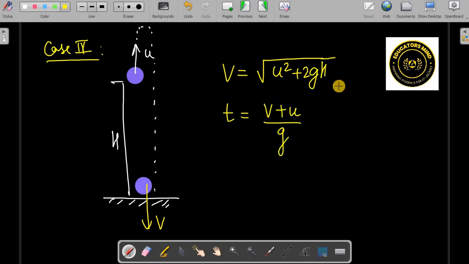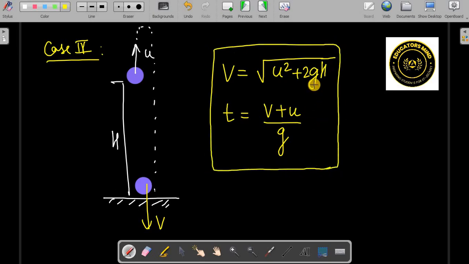The best way to remember is by this approach, v plus u by g. So in this manner we can remember all these results, and then we can solve questions, right? Motion under gravity, these are the important equations which you can use to solve problems.